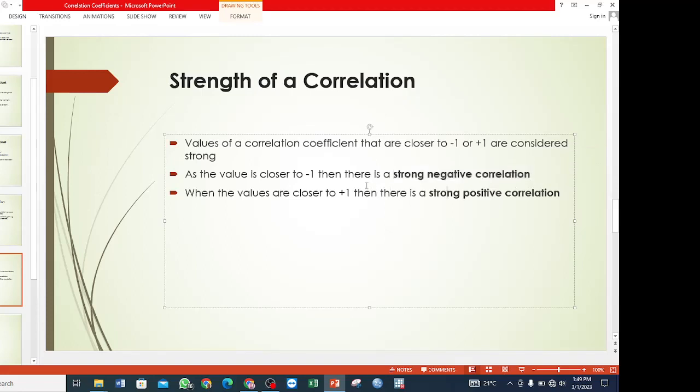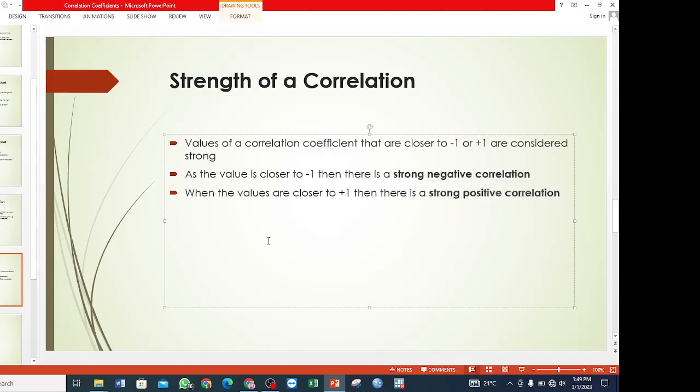And if the value that you get is very close to -1, then that correlation is strong. Then it is a strong negative correlation. And values that are closer to +1 have a positive correlation, and also that association is strong. And that means that the two variables have a strong positive correlation.